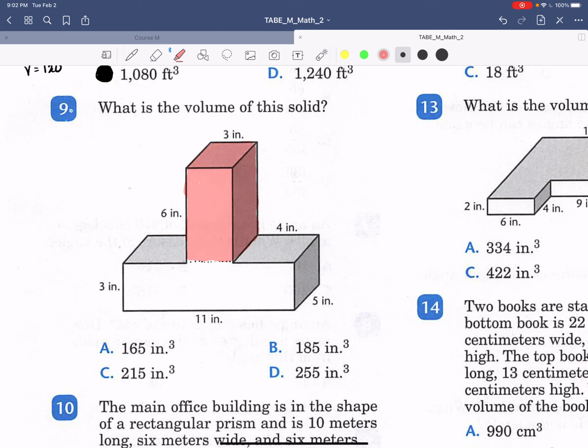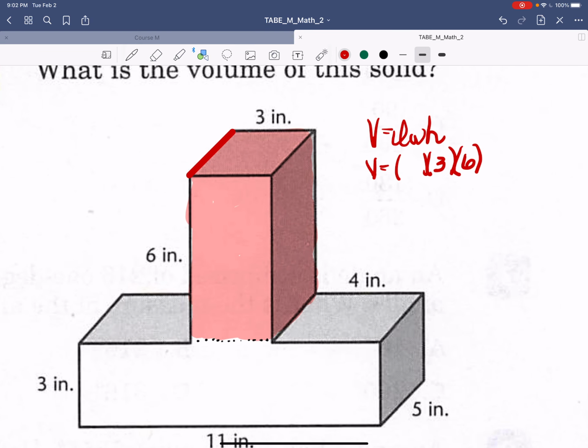So for the tower, that's the red part, volume is length times width times height. And I can tell you the width is 3 and the height is 6. But we got to come up with the length, which is that dashed line. No, we know that. Sorry. We need to come up with this line right here. Right there is what I'm looking for.